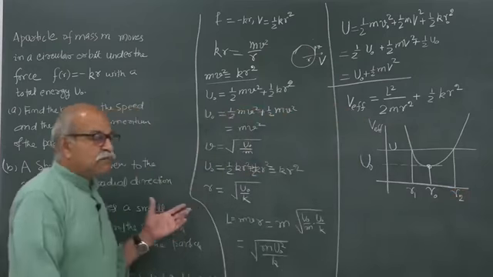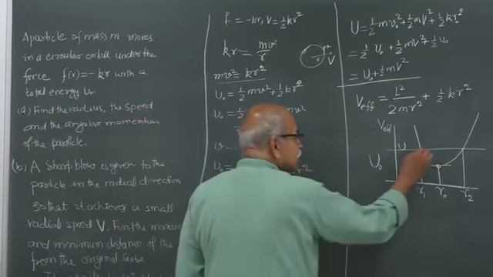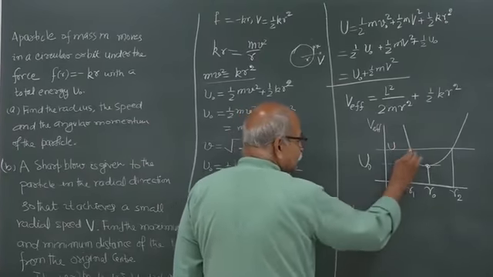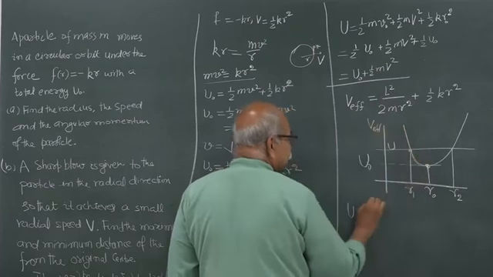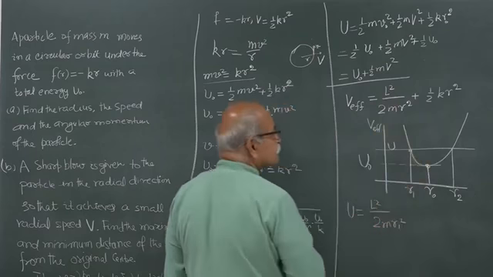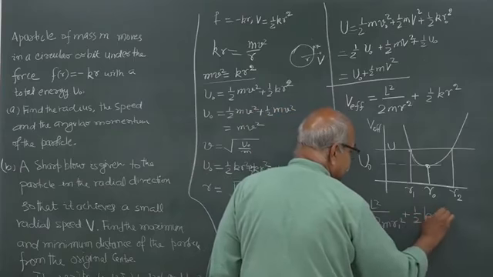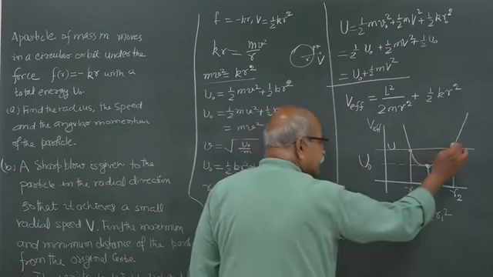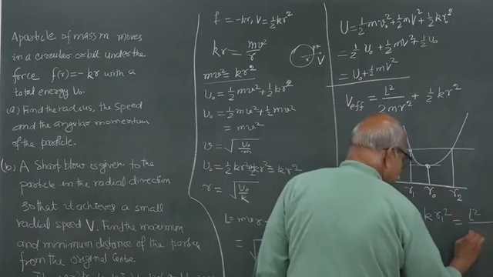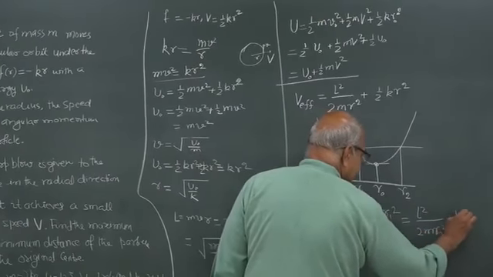We are asked to obtain this r1 and r2, and you know that here this u is equal to the value of this effective potential energy, that is L square by 2 m r1 square plus half k r1 square. And here the same equation, L square divided by 2 m r2 square plus half k r2 square.